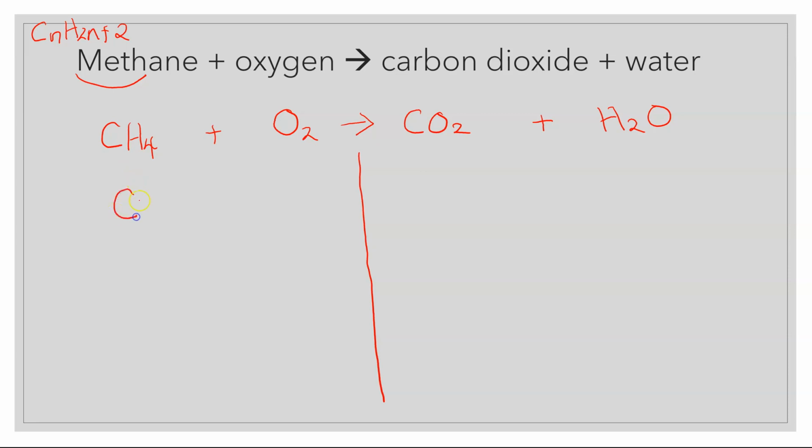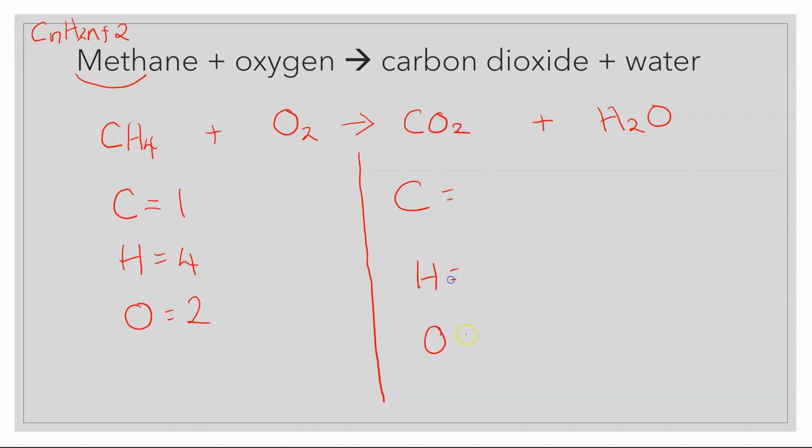So I've got 1 carbon, 4 hydrogen, and 2 oxygen. It doesn't matter what order you list these atoms in on your product side, but make sure you list them in the same order. That way you won't get muddled up so easily. So we've got carbon, hydrogen, oxygen.